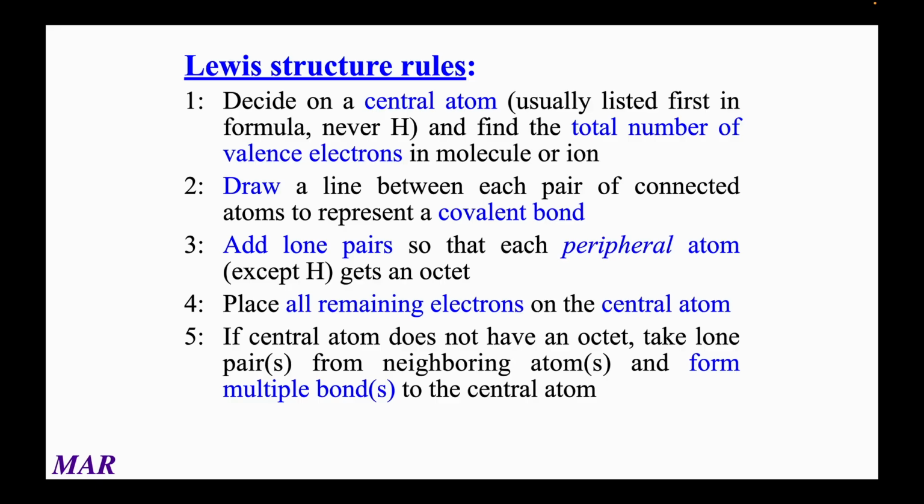So this is a summary of the Lewis structure rules, and again, we went through it before and we'll look at some more examples, but in a nutshell, decide on the central atom and find the number of valence electrons. So the central atom is usually the first atom listed in a structure, but it's always the one which is less electronegative, and it will never be hydrogen. So for NH3, the nitrogen is the central atom.